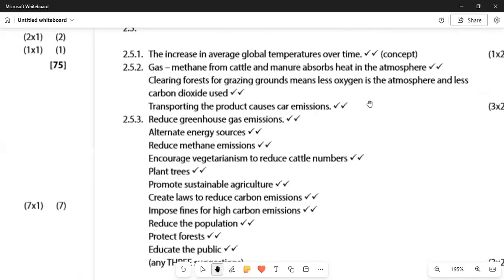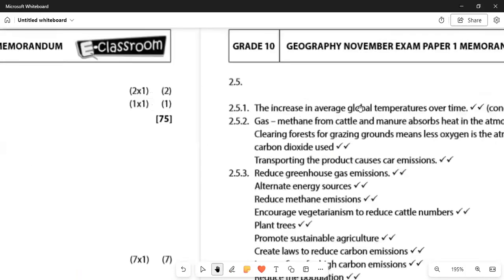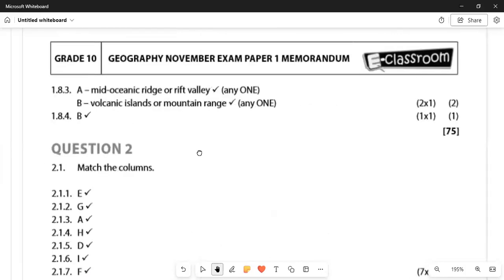So this is the concept 2.5.1: an increase in average global temperatures over time. That is the concept in 2.5.1.